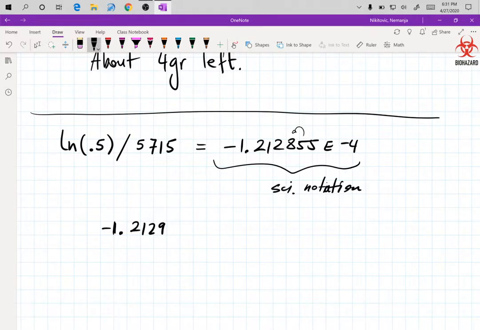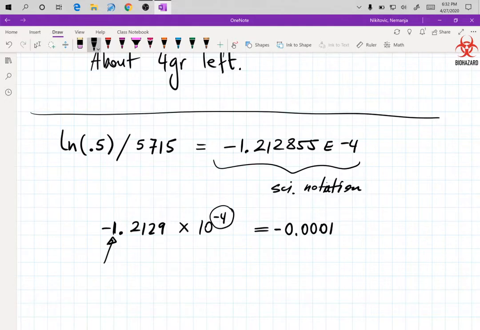This 5 makes the 8 into a 9, and then write this as times 10 to the negative 4. So this is the way the calculator writes 10 to the negative 4. This is going to be 0.000, and the 4 makes this your 4th decimal.